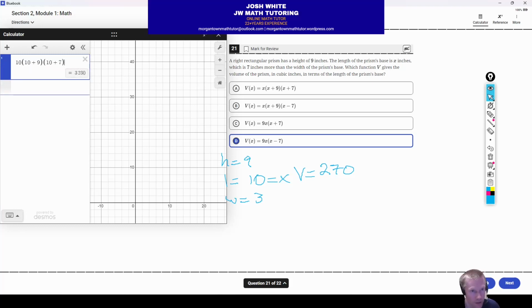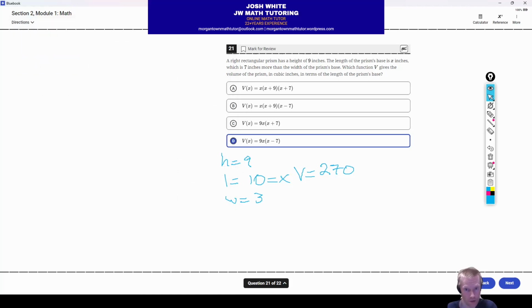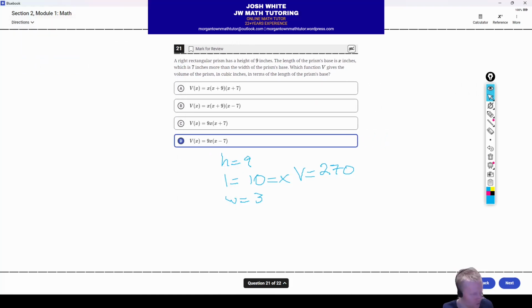No. Next one, 10 times 10 plus 9 times 10 minus 7. Is that 270? Nope. Let's clear this out. 9 times 10 now times 10 plus 7. Is that 270? Nope. Now what if we do this? Yes, we get 270. So this is an alternate way you could solve this, just by picking numbers.